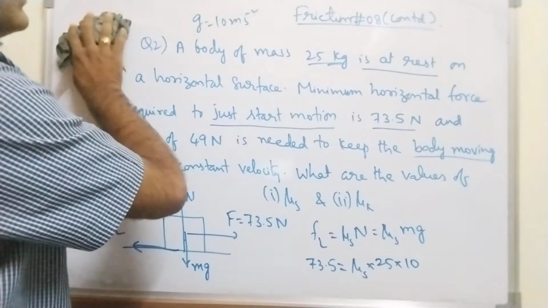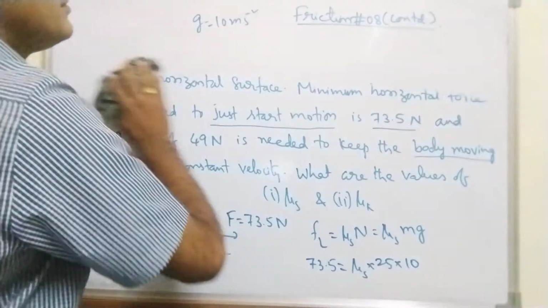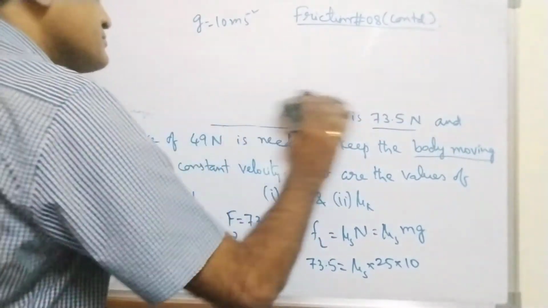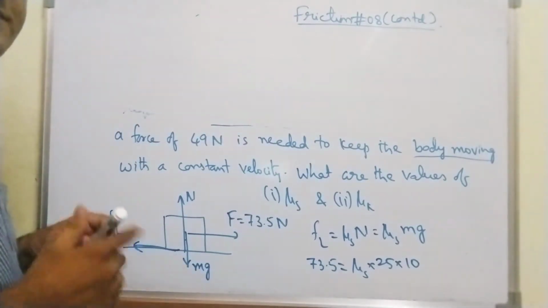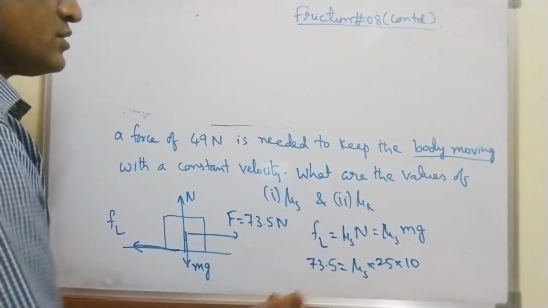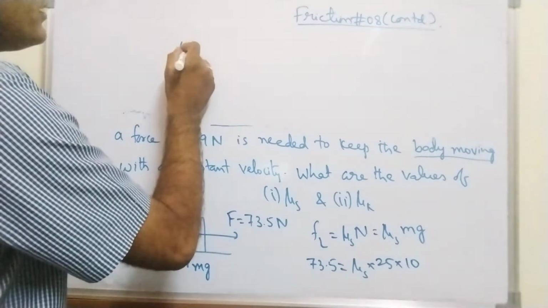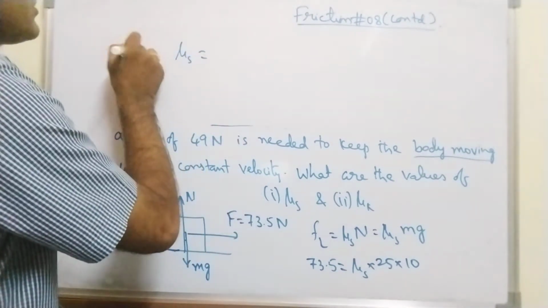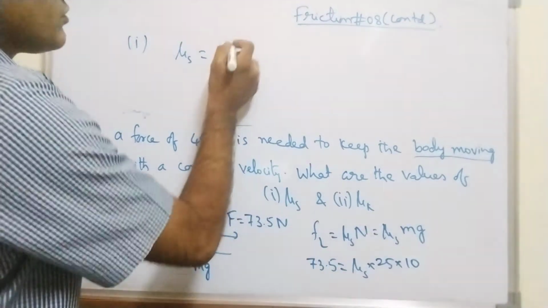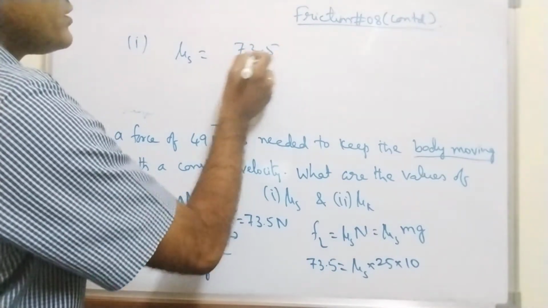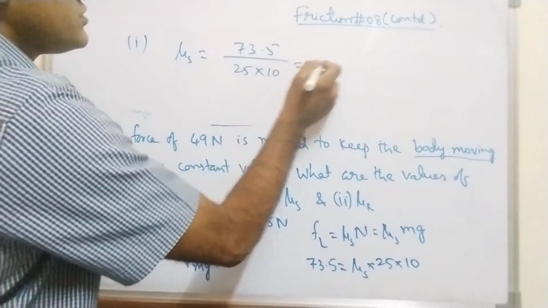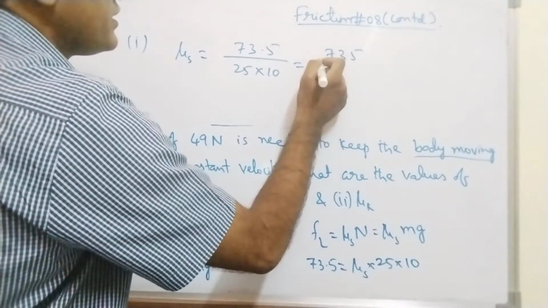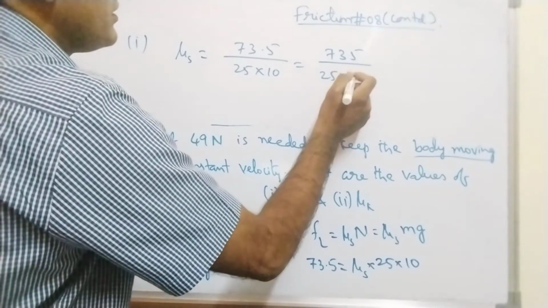Let me erase the question. So what will we get? μs is equal to, this is the first bit, 73.5 divided by 25 into 10, which is nothing but 735 divided by 25 into 100.